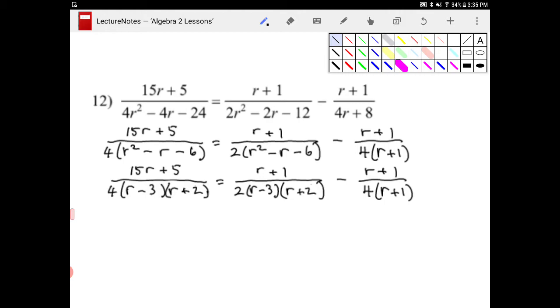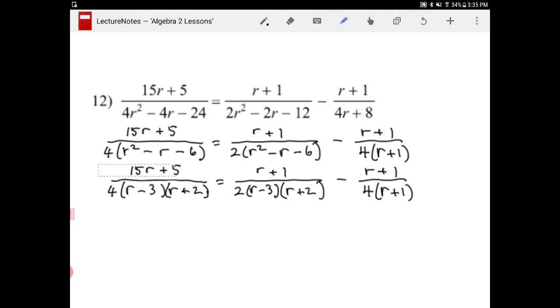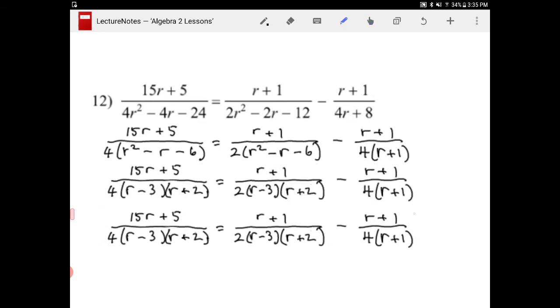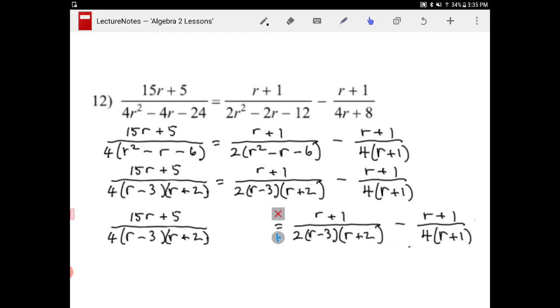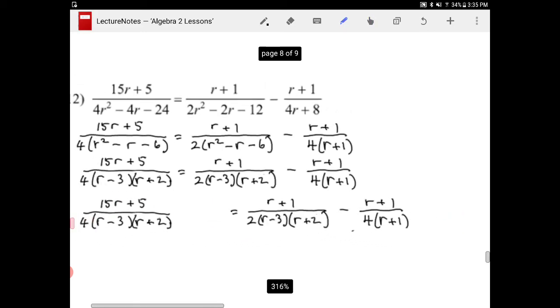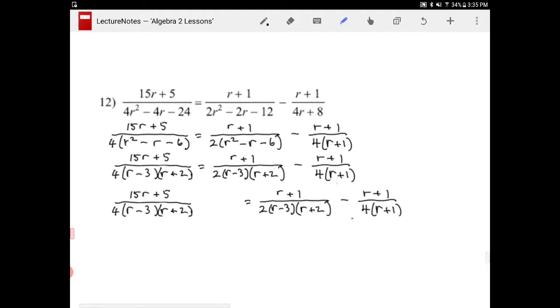Okay, so what am I missing in the fraction on the left? I am missing a r plus 1. So what I need to do is I am going to rewrite this. I want to give myself a little bit of room, and I want to give myself a little bit of room here.